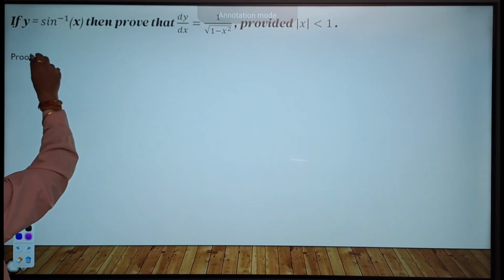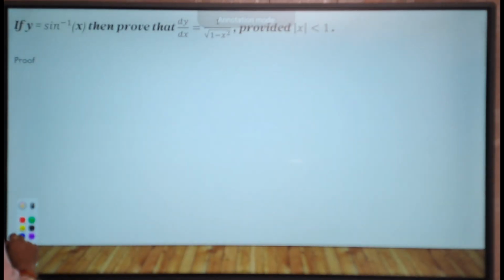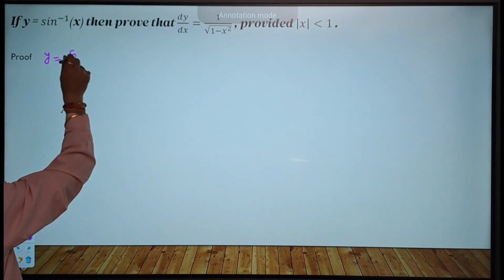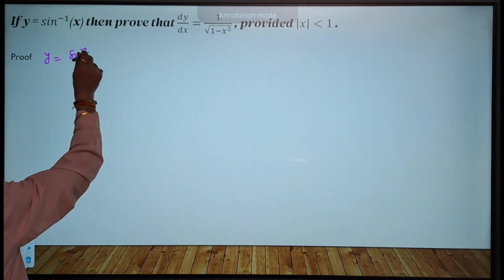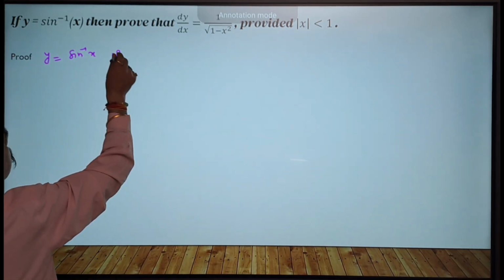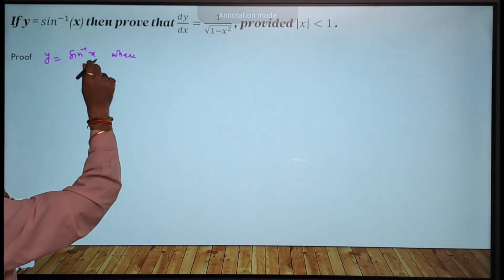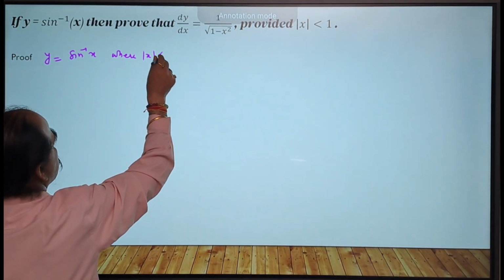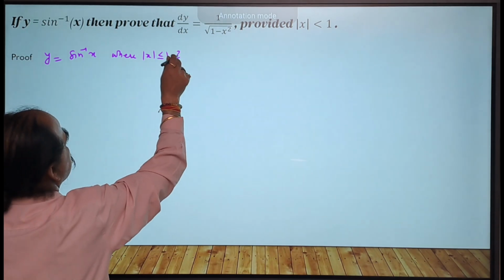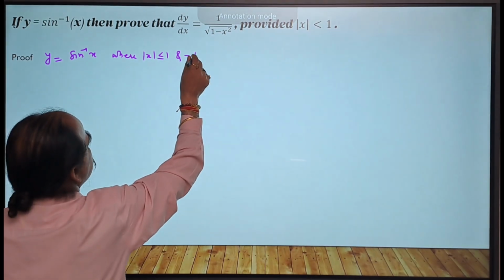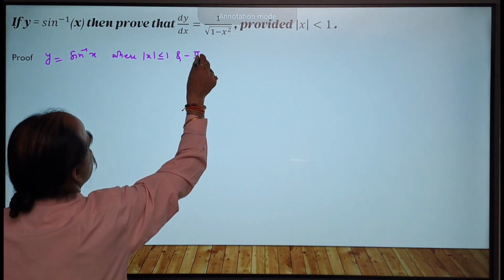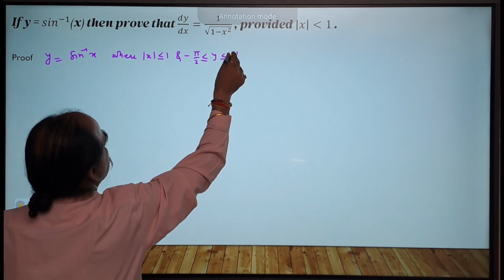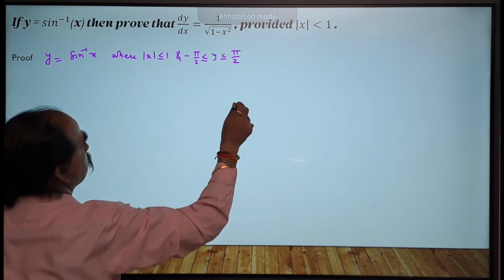Y is equal to sine inverse x, where modulus x less than or equal to 1 and minus pi by 2 less than or equal to y less than or equal to plus pi by 2.